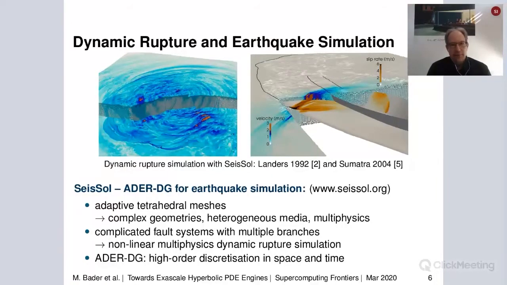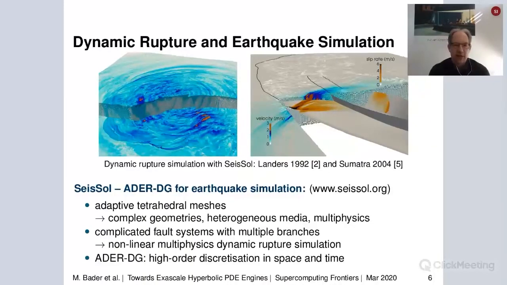So SeisSol is computing so-called dynamic rupture simulations. We model faults explicitly as 2D surfaces that can have branches and complex geometries. Two examples are given here.